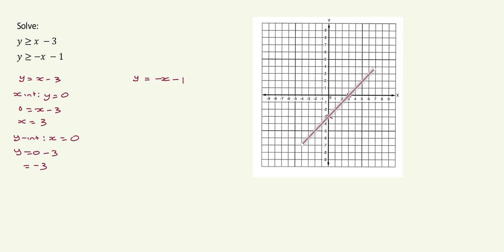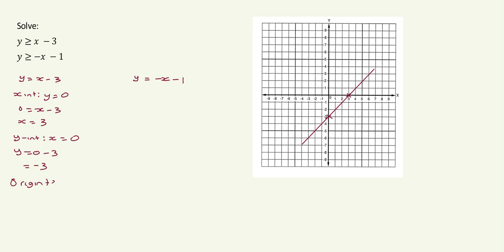Next thing we're going to do here is find the region that satisfies this inequality. Because it's greater than or equal to, we don't have to create dotted lines, we have solid lines. But above the line is going to be greater than or equal to, so we can start with the 0, 0 origin test.